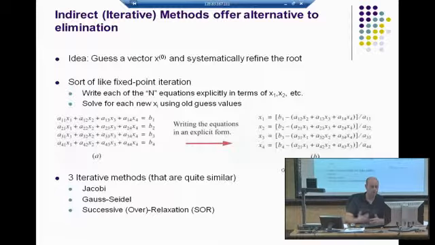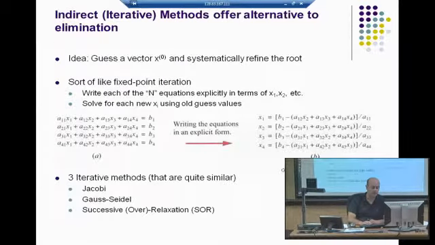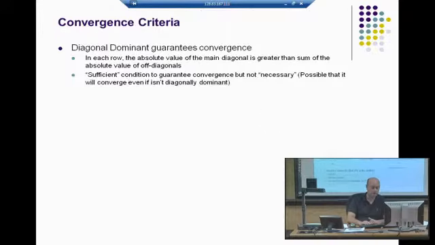And finally, another is the successive over-relaxation method, or SOR, which is a more aggressive, faster technique, or it can be anyway. Now you have to know, does it converge? So again, the idea is that you guess your x1, x2, x3, and x4, and then you update it, and then you keep on going until hopefully it converges.